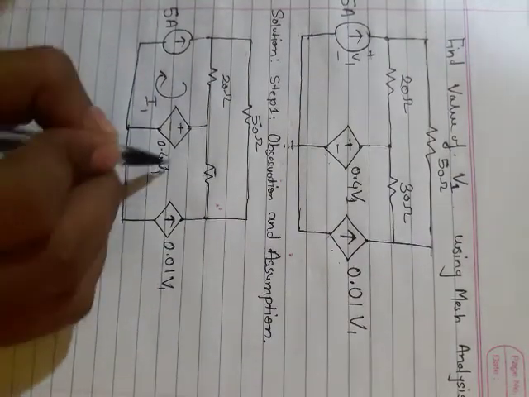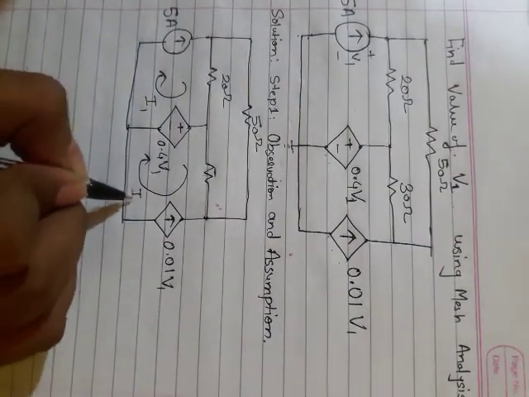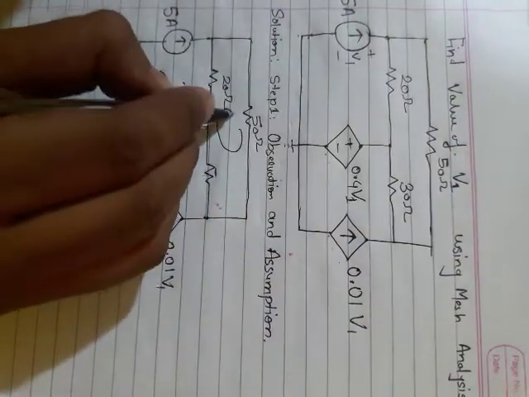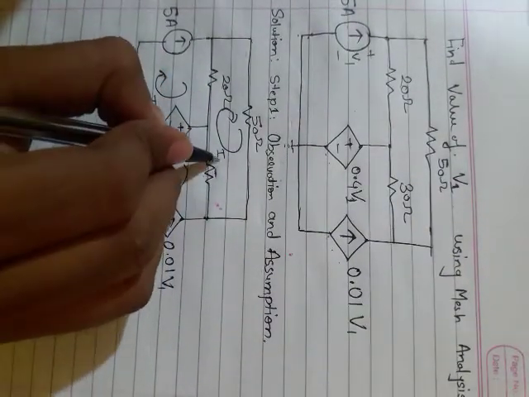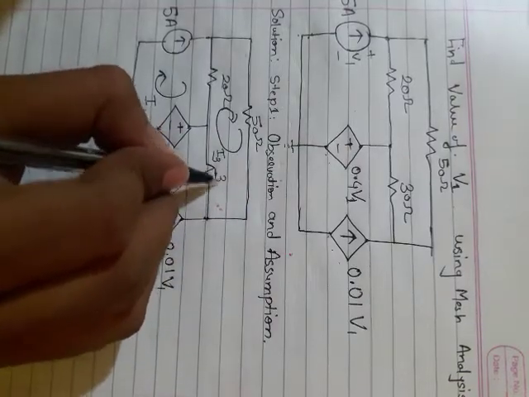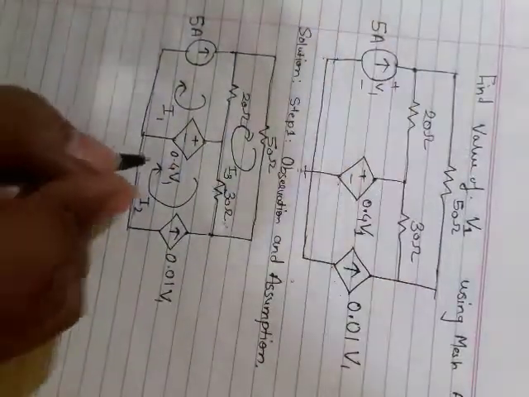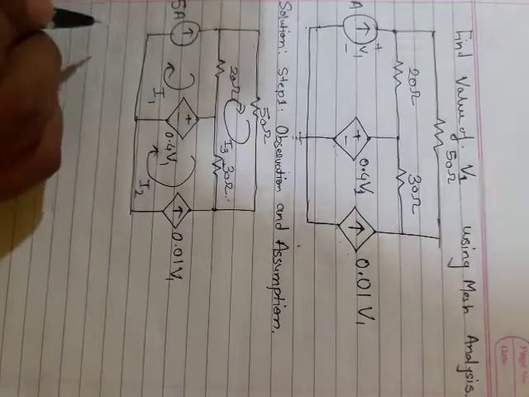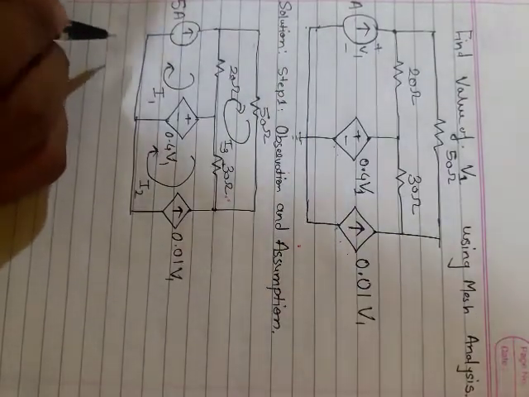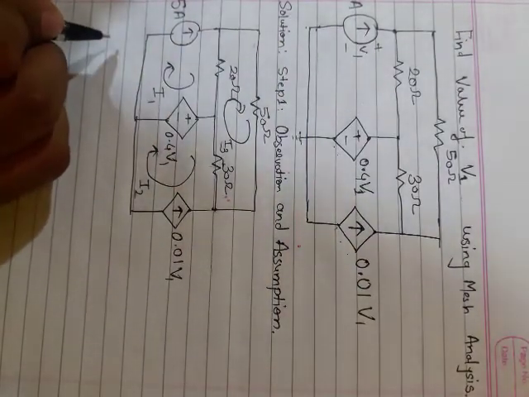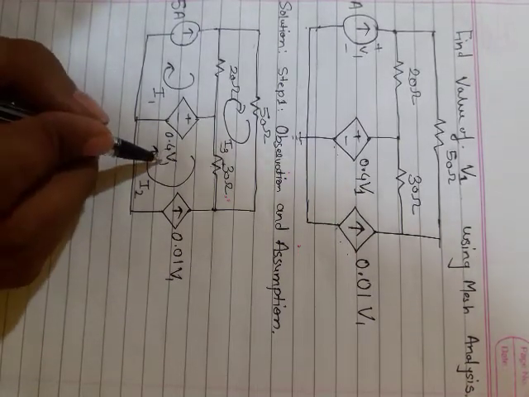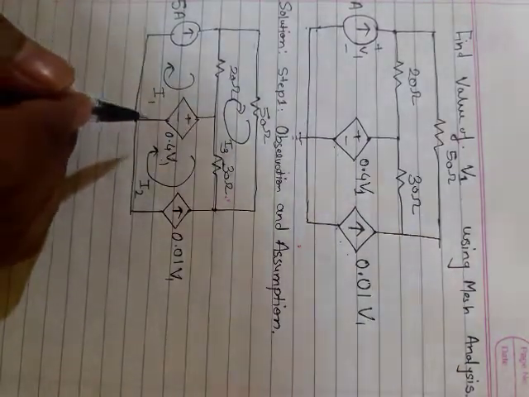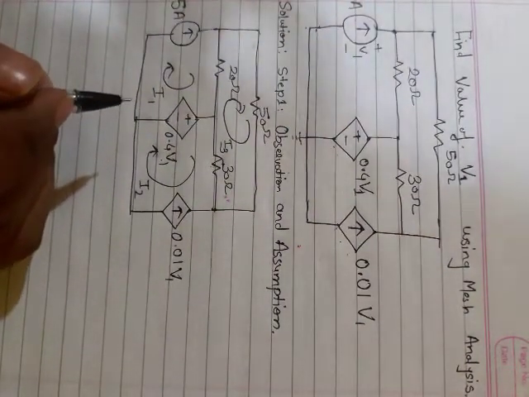This is I1, this is I2. All the three currents are flowing in the clockwise direction. We are assuming I1, I2, I3 flowing in the clockwise direction. And now we have to try to write down the value of V1 in terms of I1, I2 and I3.